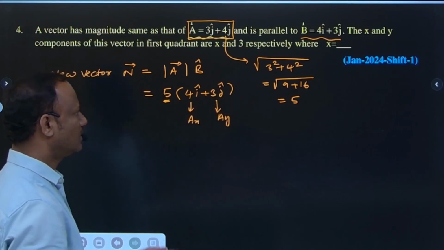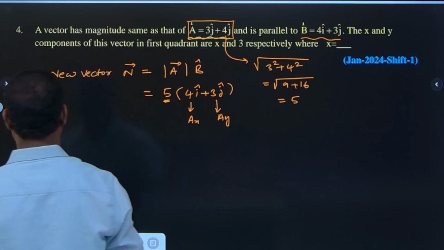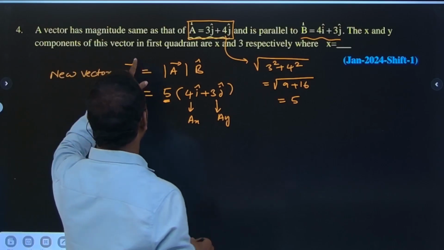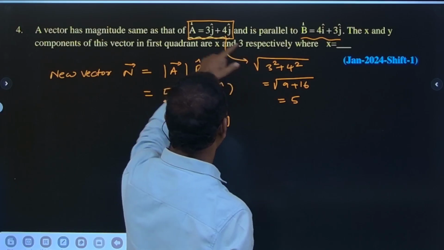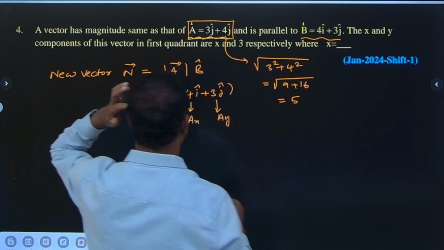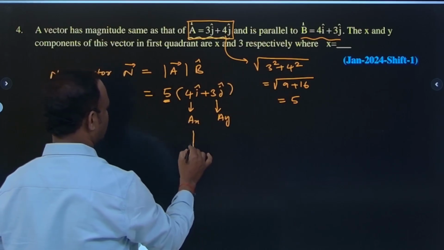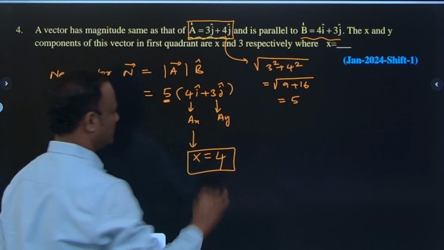When two vectors are parallel, one is a scalar multiple of the other, so that is the condition. Then the question asks about the first quadrants x and 3 respectively. What is x here? x is equal to 4, that is the answer.